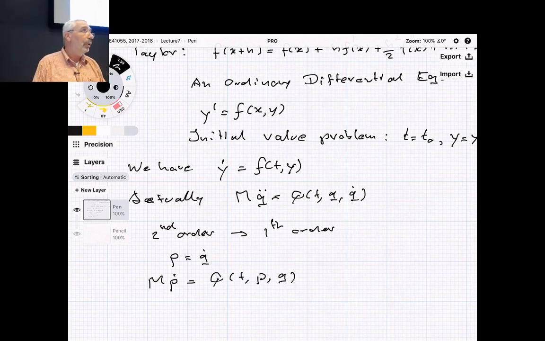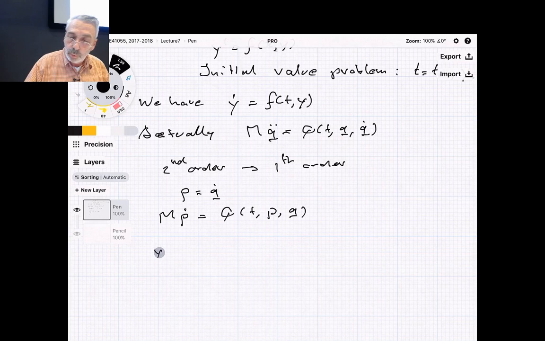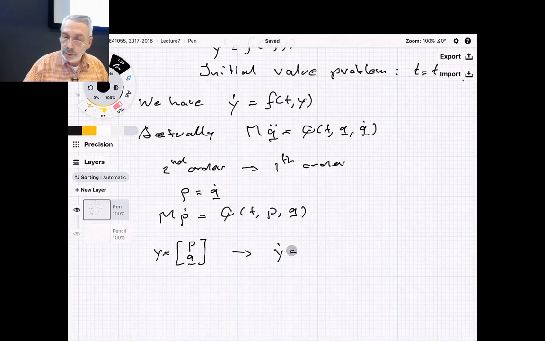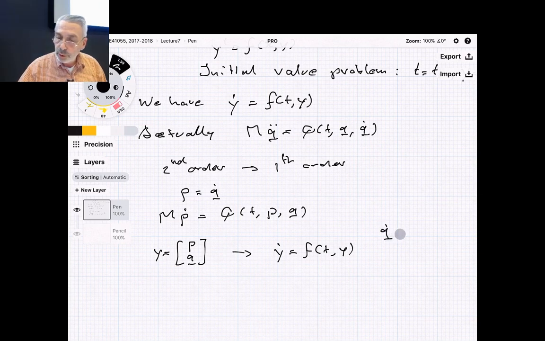And now I can even collect the p and q in one vector, and I'm going to call that vector y, which is p and q. And then I can easily write y dot is some function of t and y. Because the first equation is, of course, q dot is p, and the second equation is p dot is minus m times q, which is da da da da.